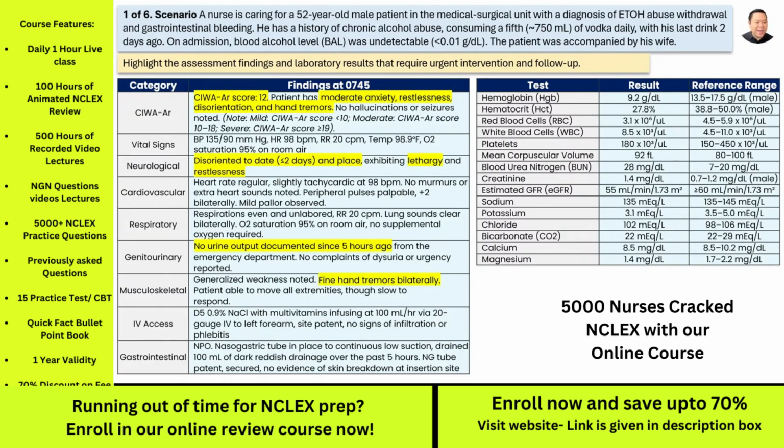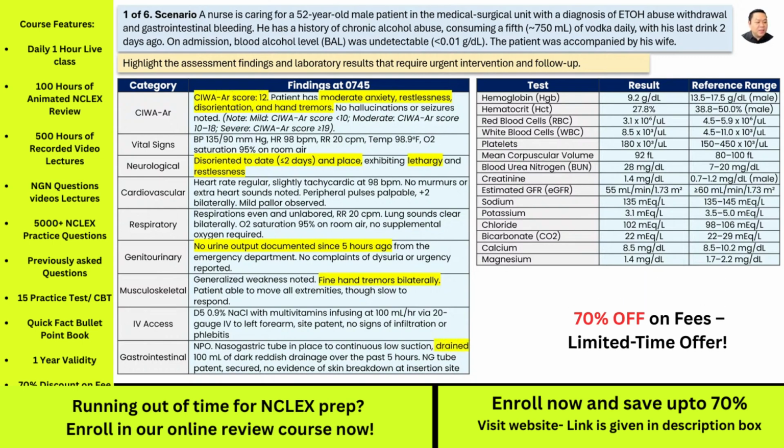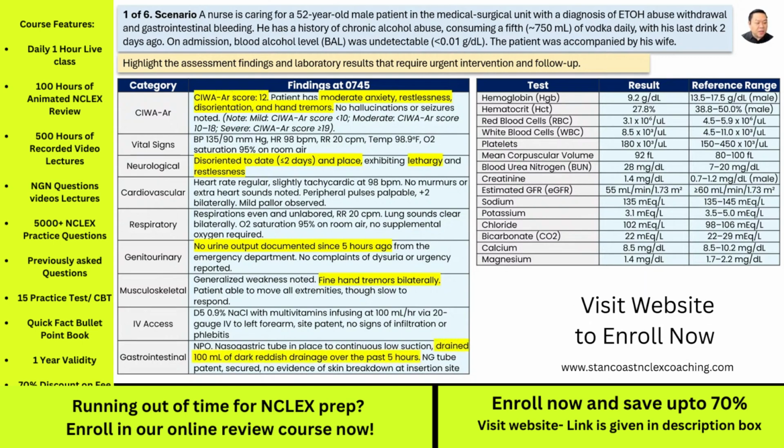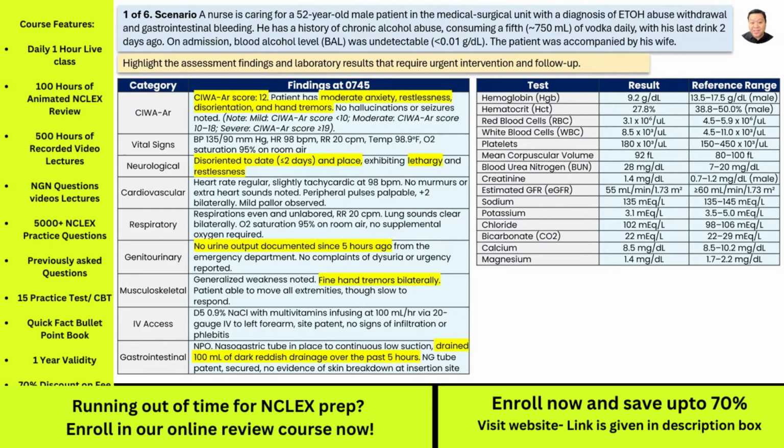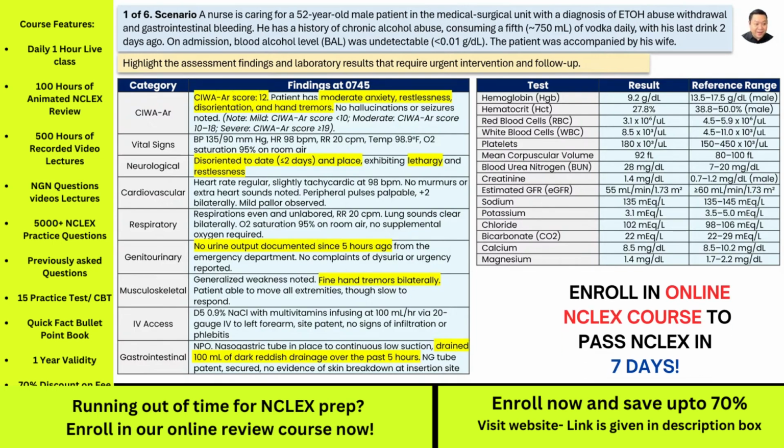Now, what else do we need to highlight? We have drained 100 mLs of dark reddish drainage over the past 5 hours. So this one indicates active gastrointestinal bleeding, which is one of the primary diagnoses, or could be worsening. There's already a drop in the hemoglobin level.